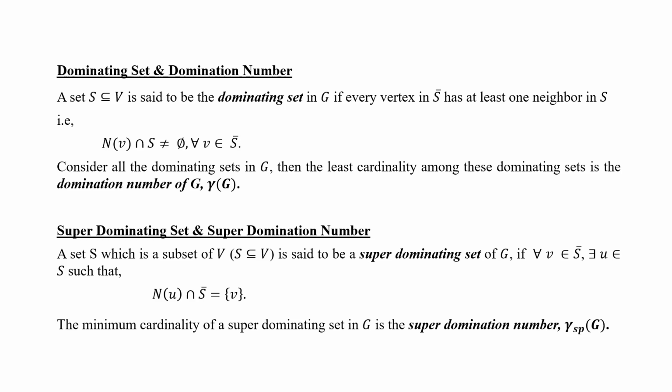A set S, a subset of V, is said to be super dominating if for all V belonging to S bar, the complement of S, there exists a U belonging to S such that N of U intersection S bar is a single element V. And the minimum cardinality of all super dominating sets in G is the super domination number.